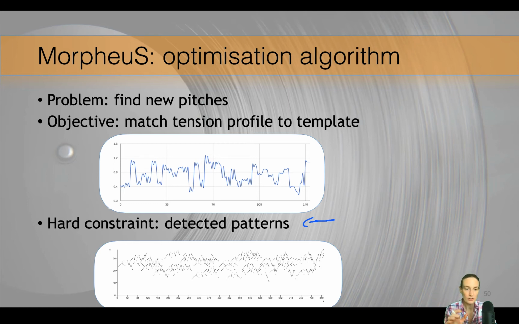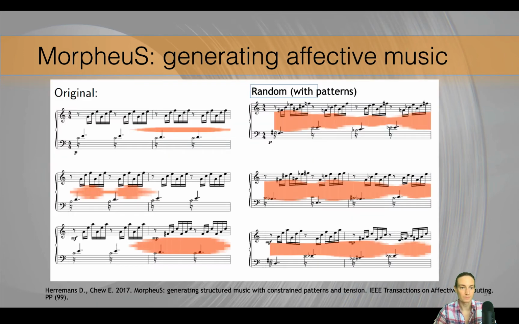How the pattern looks can be different, but it needs to occur in the same positions throughout the song. This is a hard constraint. And then our objective is to match the tension profile that we input, or from a template, an existing song, to our generated one. Here's an example of the resulting system.